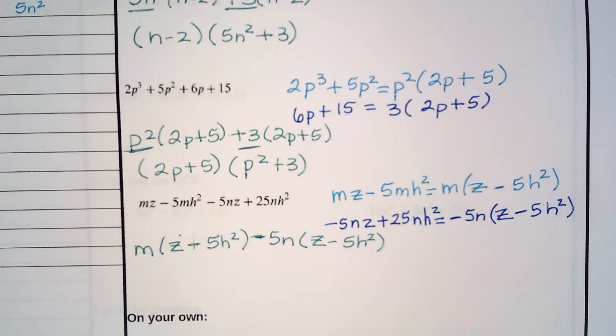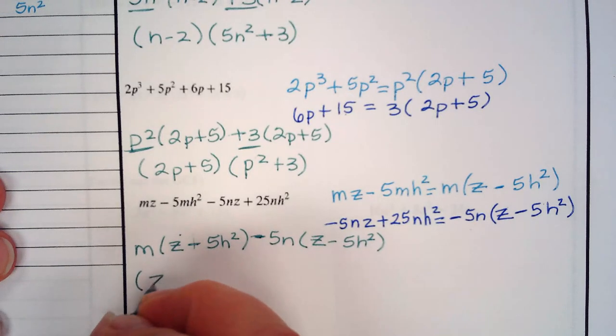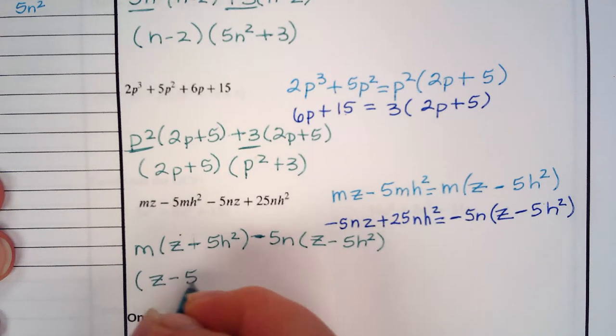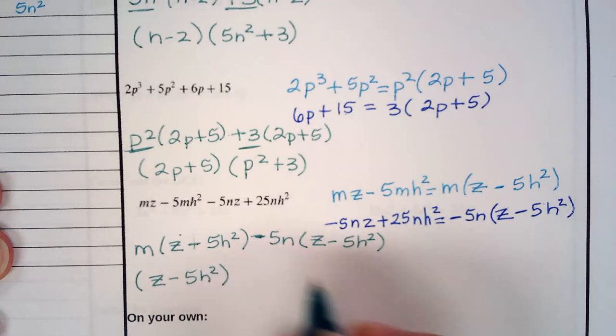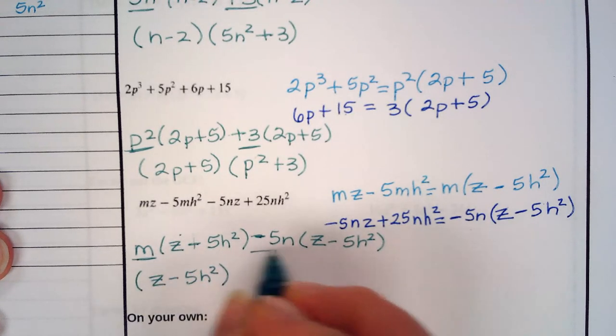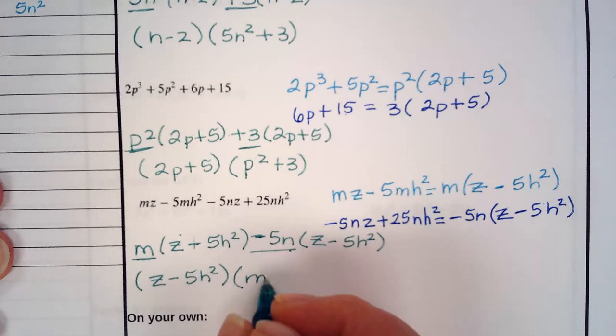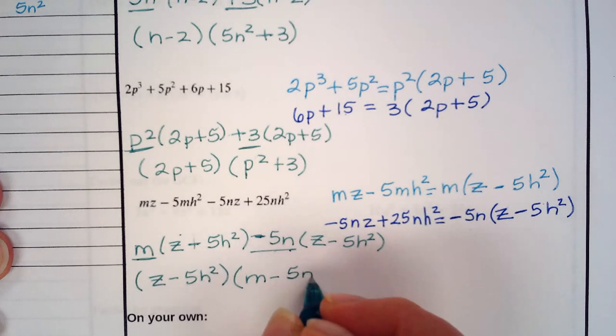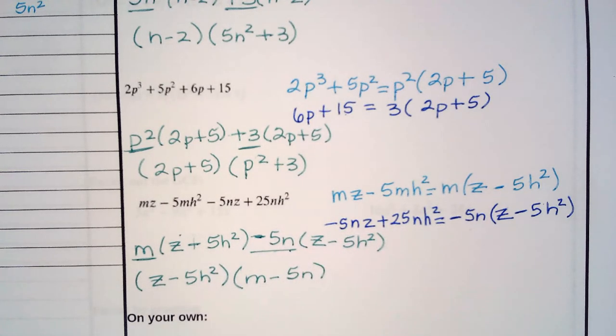Are my parentheses the same? Yes, they are. My first factor is z minus 5h squared. My second factor is m minus 5n. Done.